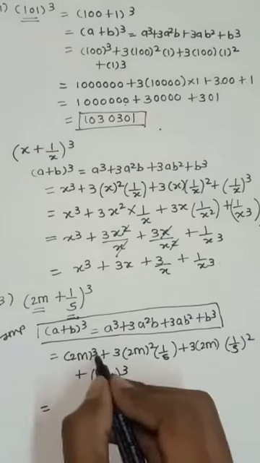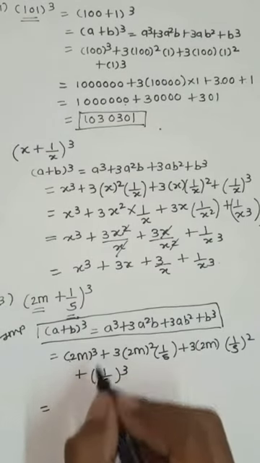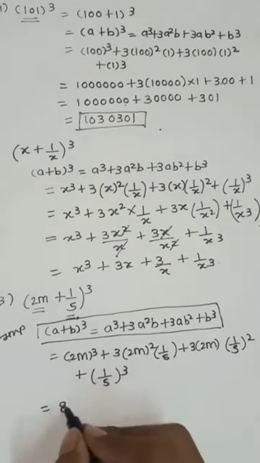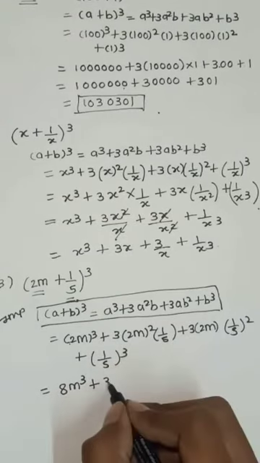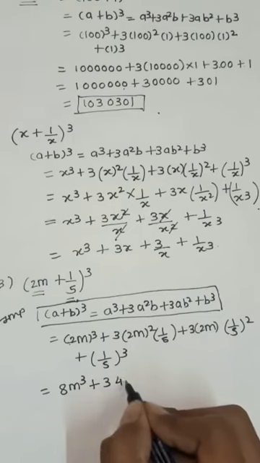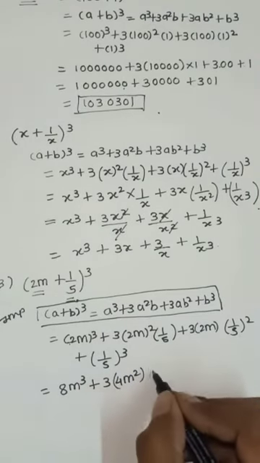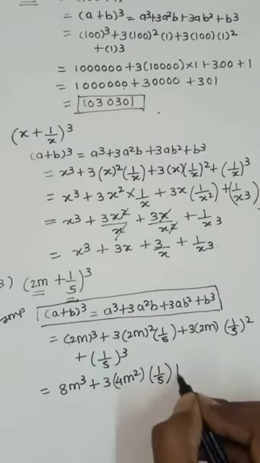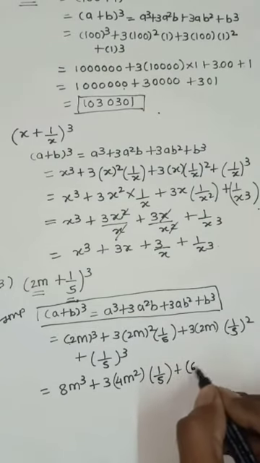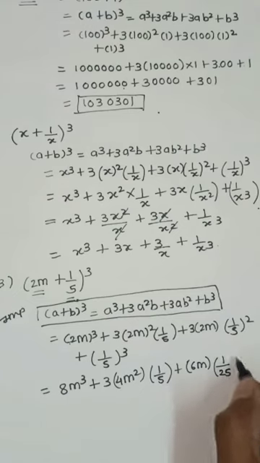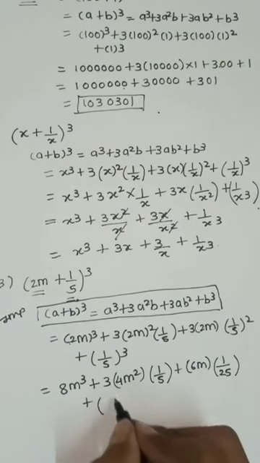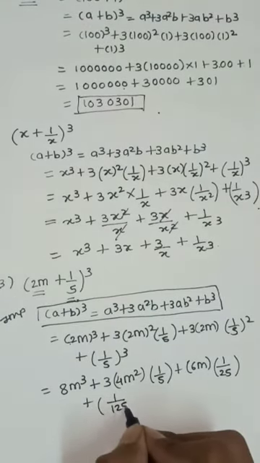Now (2m) cube means 2 cube and m cube. 2 cube we know is 8, and m cube is m cube, plus 3 as it is, (2m) square is 4m square, and 1 by 5 as it is, plus 3 into 2, that is 6m, (1 by 5) square is 1 square is 1 and 5 square is 25, plus (1 by 5) cube is 1 by 125.